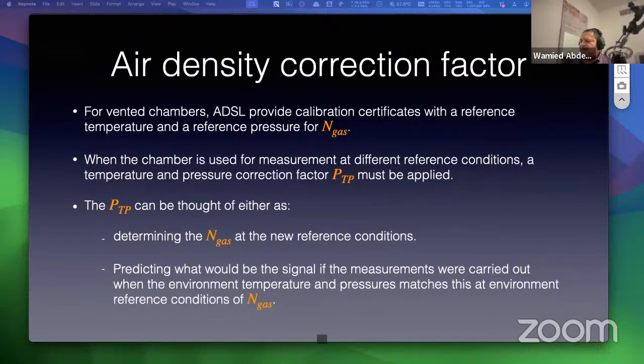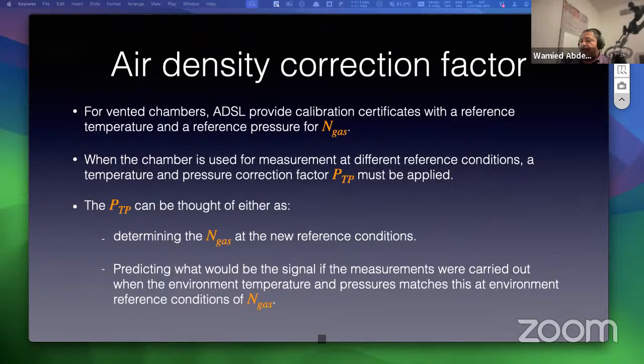The reference, for example, in the certificate when you obtained their N-gas, they will say this N-gas is at a temperature of 22 degrees Celsius and 1 atmospheric pressure. If this is in the States, North America, 22 is the reference temperature. But if you're in Europe, the chambers will provide N-gas at a reference temperature of 20 degrees and still 1 atmospheric pressure.